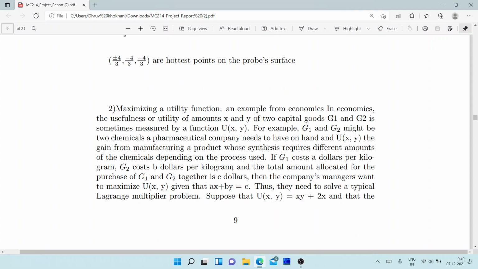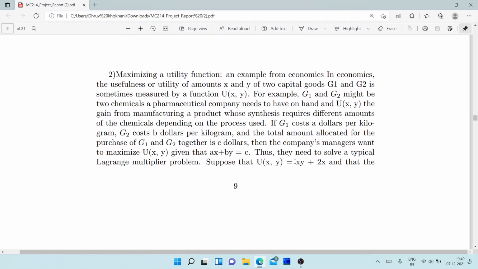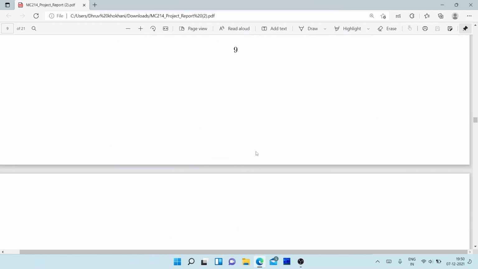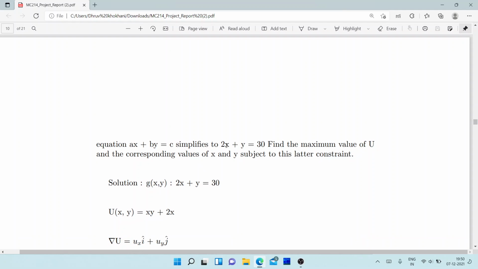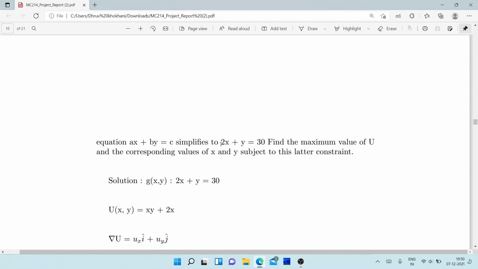In this problem, two capital goods G1 and G2 are measured by a function u, and an equation ax plus by equals c is given to us. We have to find the maximum value of u. So u is given as xy plus 2x, and this constraint is also given to us.